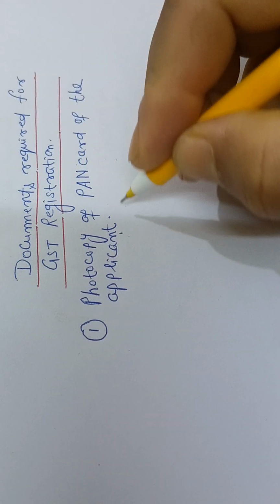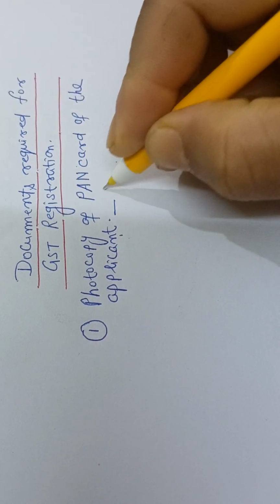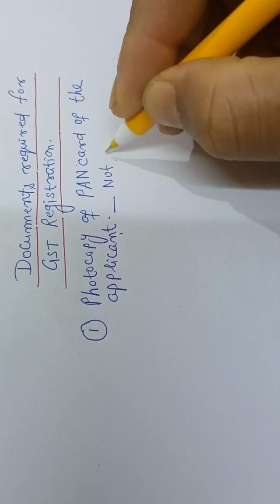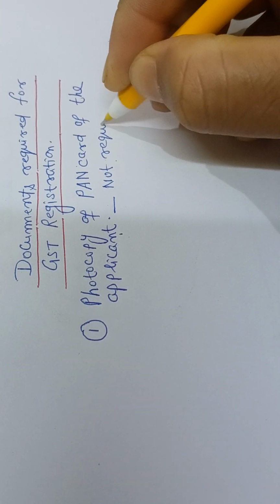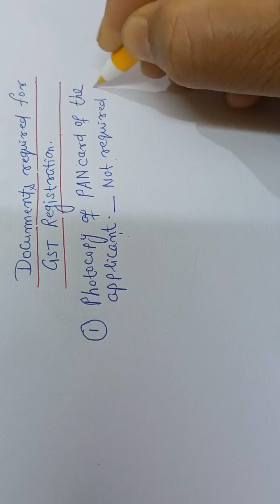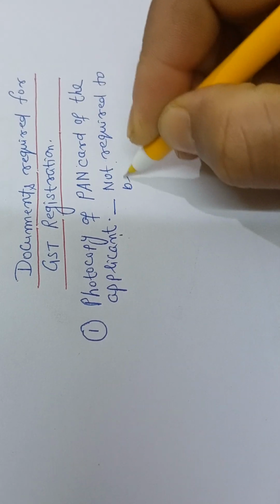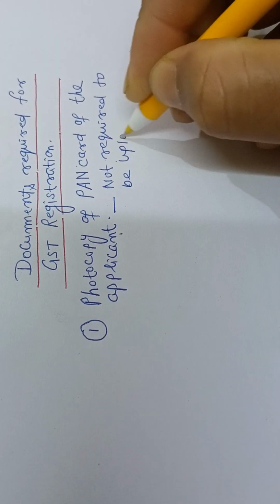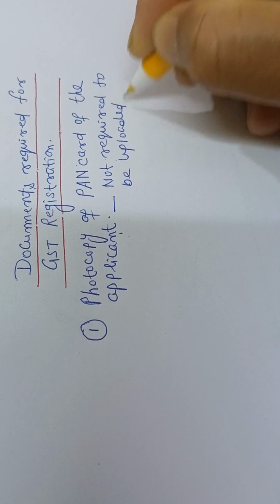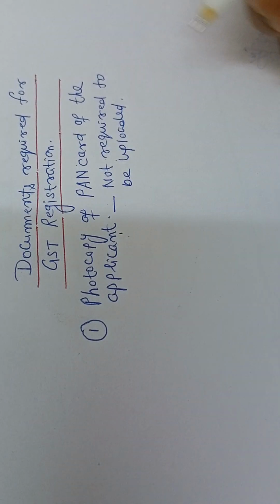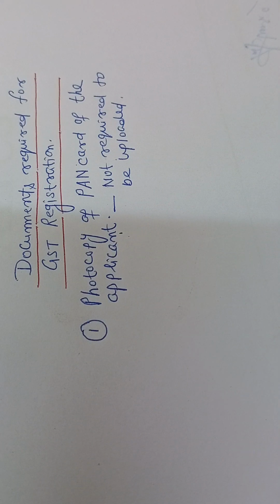So this is for information only, not required to be uploaded. Means on the GST common portal, this document is only for information. That means you have to write the PAN number of the applicant. No photocopy is required to be uploaded.